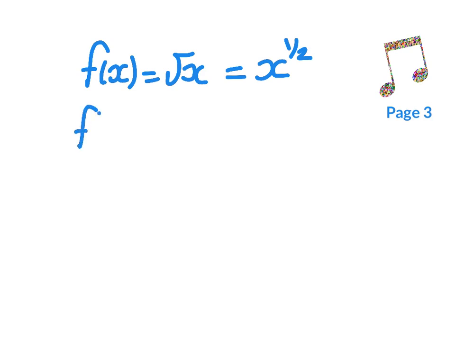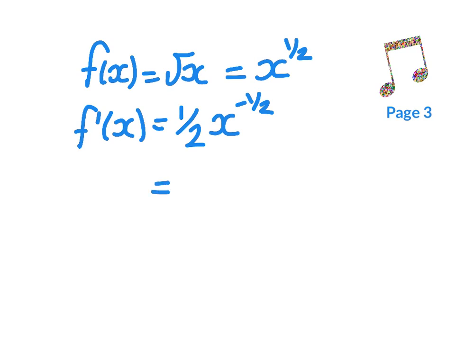Now I'm going to differentiate, so I'm going to multiply by the power, which is 1/2, and I'm going to reduce the power by 1, which is -1/2. Now I'm going to tidy this up. The 1's staying on the top, this 1's staying on the top, this 2 is staying on the bottom.